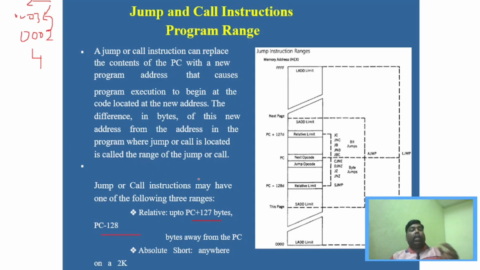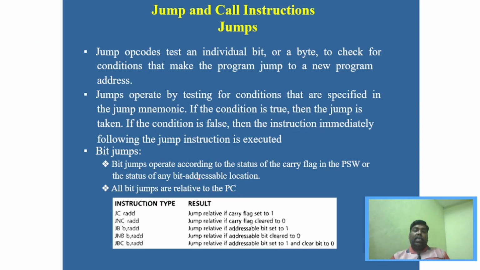And I've already explained what is conditional jump and what is unconditional jump. And you can see here, we will start with very simple jump instructions, the bit jump instructions. What is bit jump instruction? The jump will take place to an address based upon a particular bit.